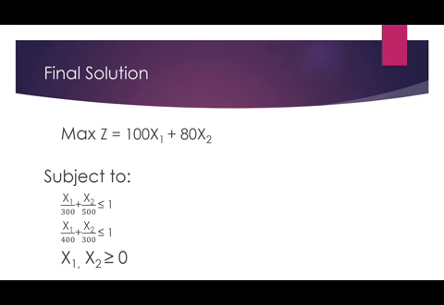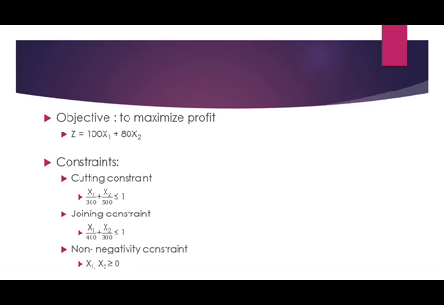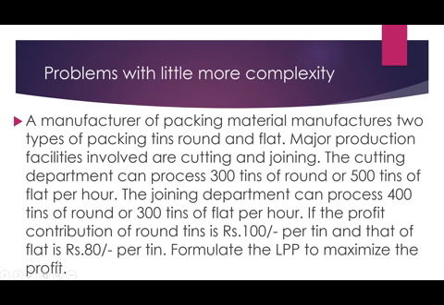I hope you have understood the problem. Here, the key of solving the problem here is they have given us the abilities of processing 300 tins or 500 tins per hour, and similarly here 400 tins or 300 tins per hour, but the total duration available is not given.